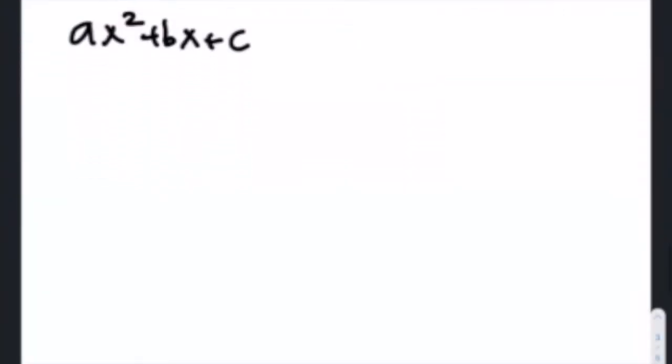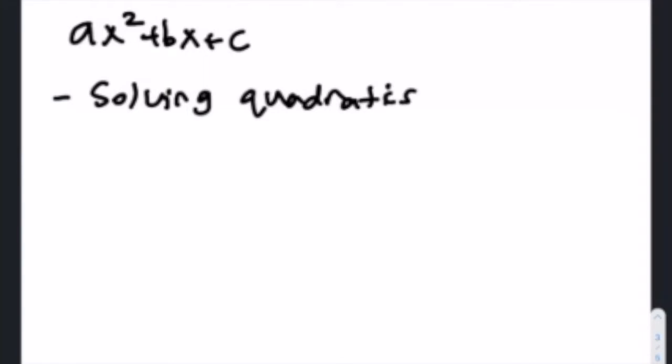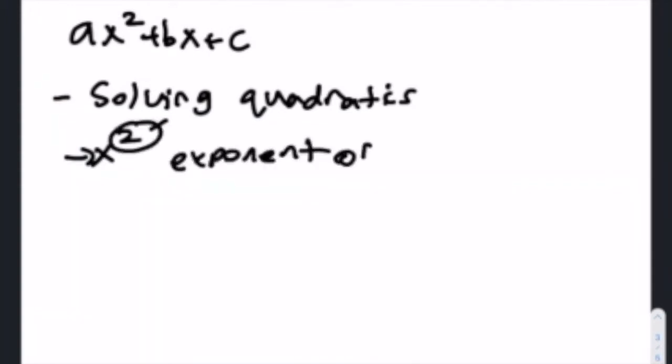Okay, so what we're going to talk about in this video is solving quadratics. And let's talk about what this means. A lot of times in math, you'll see problems where they have a quadratic, and the thing that makes it a quadratic, as a reminder, is that it has this term, x squared. The exponent of 2 on x makes it quadratic.